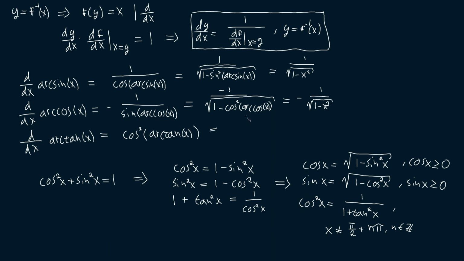So we get that it's equal to 1 over 1 plus tangent squared evaluated at arctangent of x, and tangent at arctangent of x is just x, so this is equal to 1 over 1 plus x squared, and these here are our final solutions.